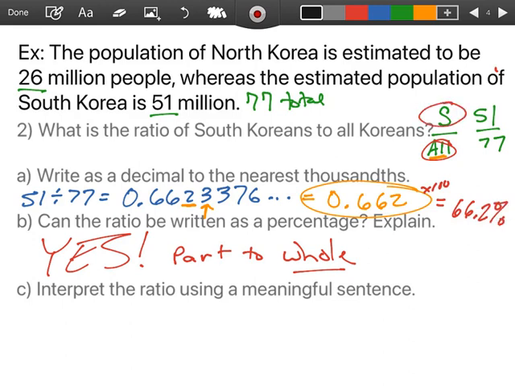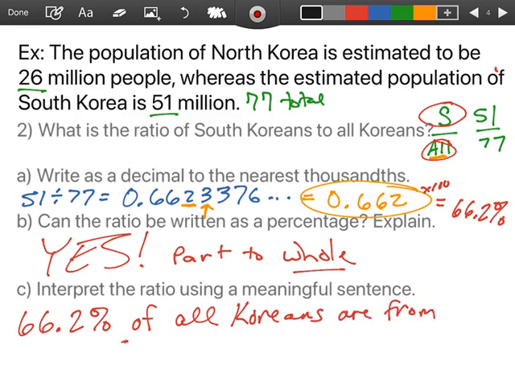That means, since I'm talking about South Koreans, 66.2% of all Koreans are from South Korea. And that's the basic idea. So you have to recognize, is it part to part or part to whole? And then you can make your work from there.